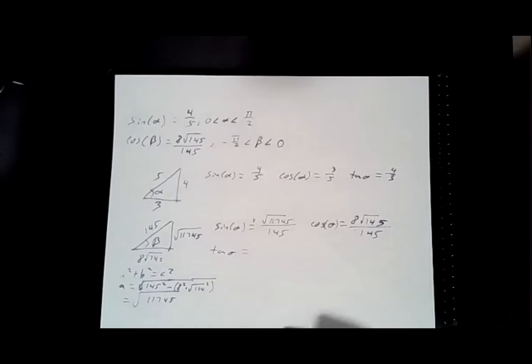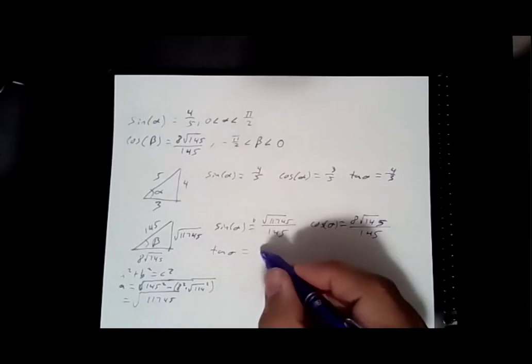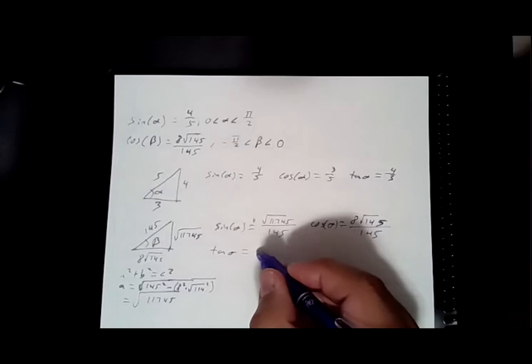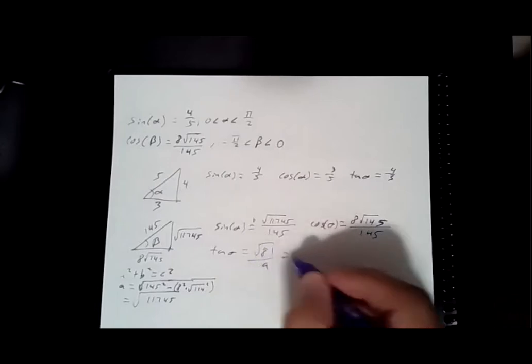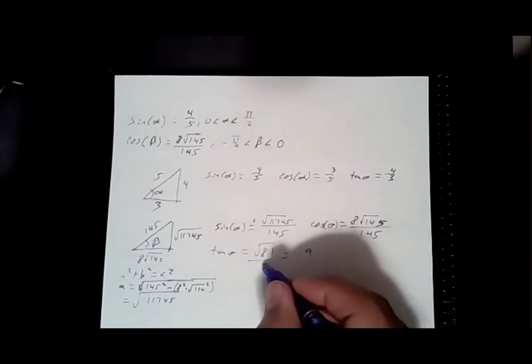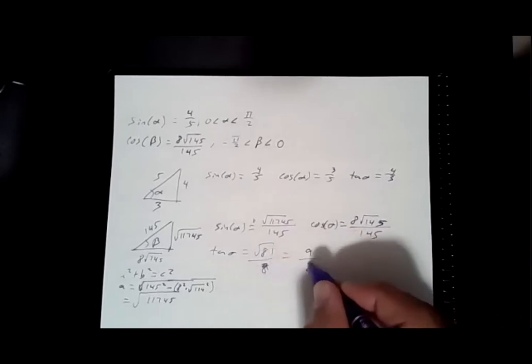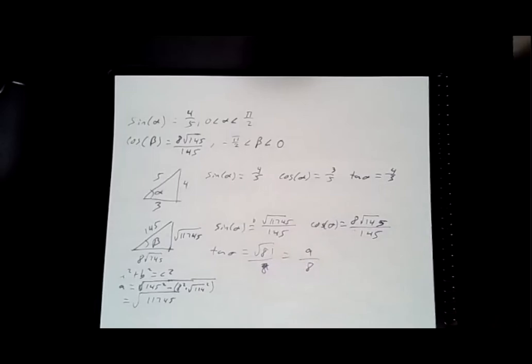After some algebra, we will get the square root of 81 over 9, which is 9/8. There. It's a lot prettier than the other ones.